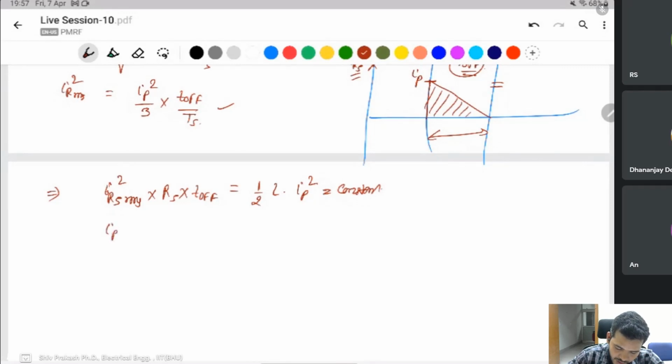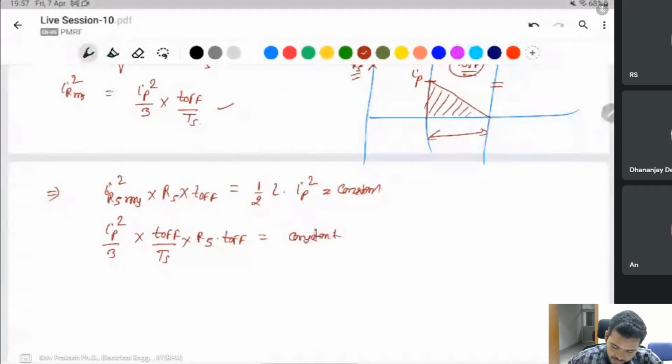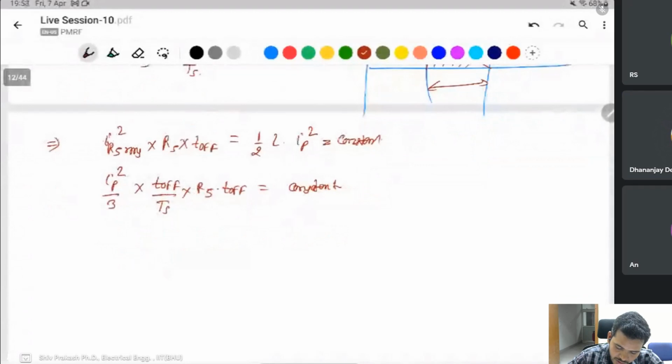IRMS square is IP square divided by 3 into T off divided by the total time period, into R5 into T off, it should be a constant. This is a constant because the time period is the same in both conditions. T off changes and R5 changes, then R5 is inversely proportional to the T off time period.